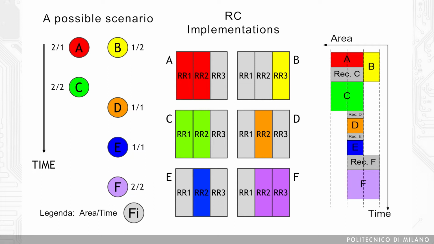The same thing is happening when the E service is called. It has to wait until the completion of the execution of D to be configured on reconfigurable region 2. Now, the problem is quite clear. Because of the functionality reconfigurable regions mapping decision we made, we are delaying the overall execution time of the system.